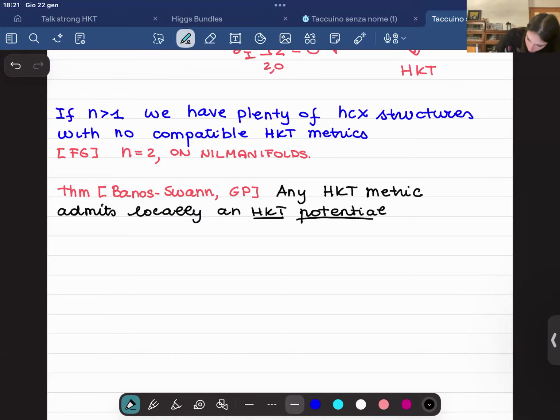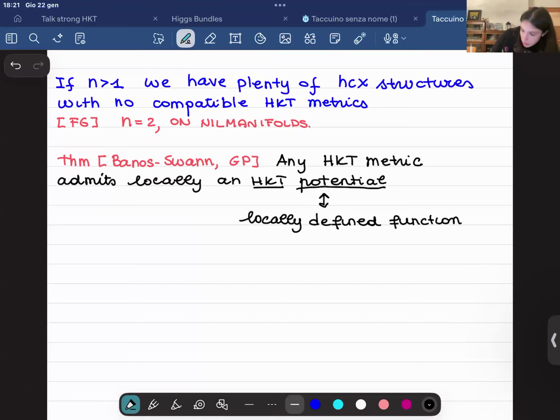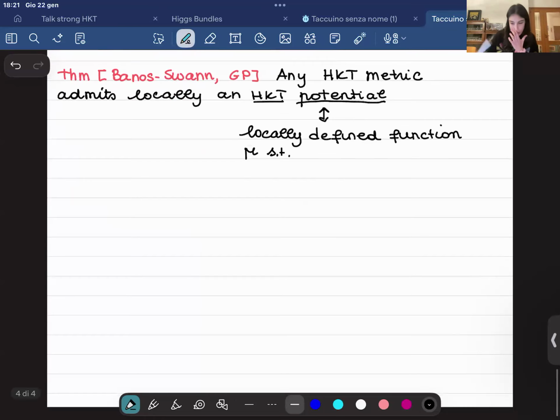And what is an HKT potential? It's just a locally defined function, that we may call mu, such that basically I can recover all the data of my HKT structure from this local potential mu. So, for instance, I can recover omega I, omega J, and omega K. I recover this is equivalent to recovering the capital Omega or the metric g.